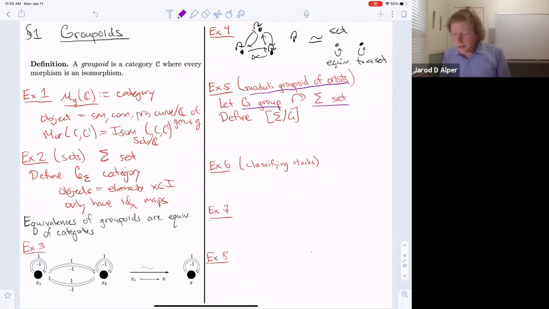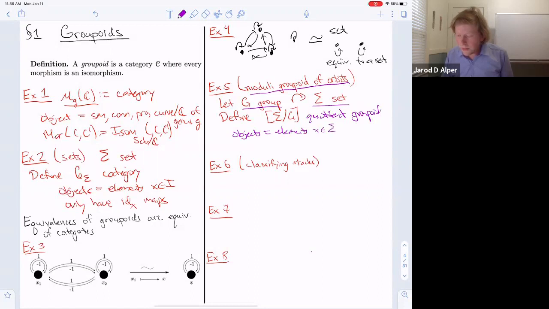We're going to define this quotient groupoid as a category where objects are, again, elements, and then a morphism from two different elements of the set are going to be all elements of G that send X to X prime.